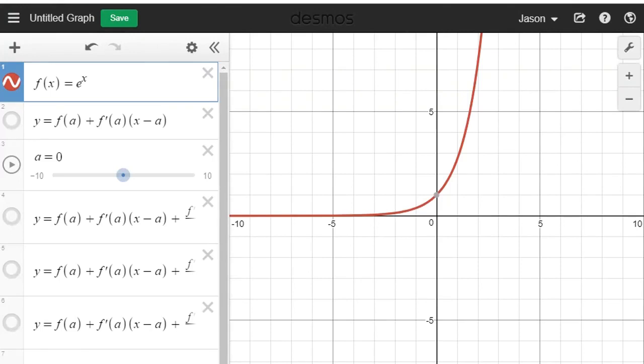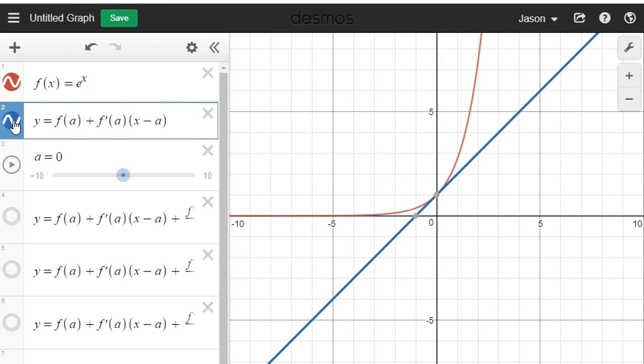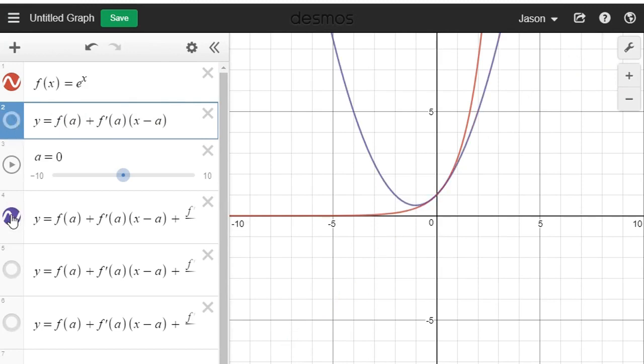One of the reasons why I wanted to emphasize why they put f of a in front is as we move along, we won't only have things like linearizations, but we'll also have things like quadraticizations, cubicizations, quarticizations of functions. And I know those aren't the words that we're actually going to use later, but what ends up happening is the more derivatives we take, we can approximate functions more and more accurately as we get along.